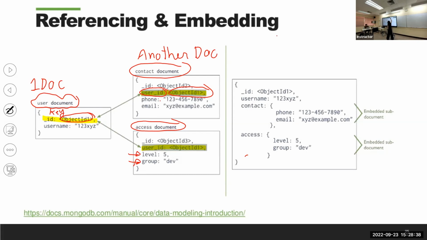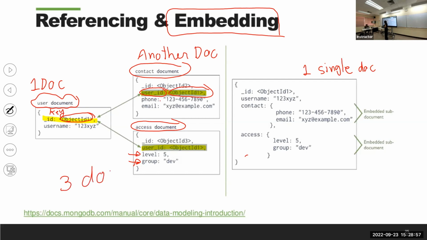Another way is to use the embedding mechanism, in which you embed everything as a nested document structure and maintain just one single document, instead of 3 documents. With the referencing mechanism, you have 3 documents. Here you have 1 document, combining everything, and you don't need referencing.